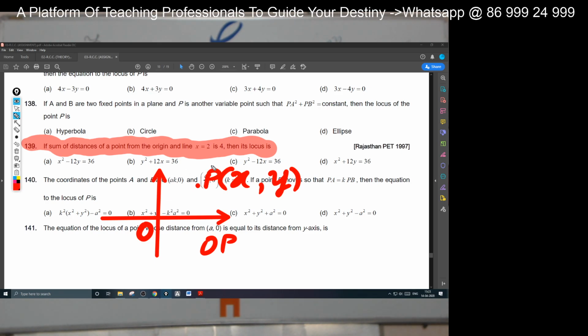How will the line x is equal to 2 be? It is simple understanding. x equal to 2 is the line which is parallel to the y-axis. Now its distance from the line x equal to 2: here, its distance from the y-axis is nothing but x.